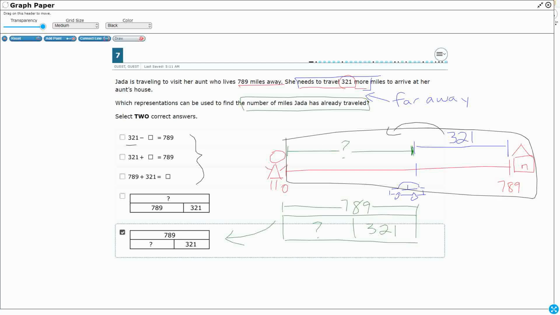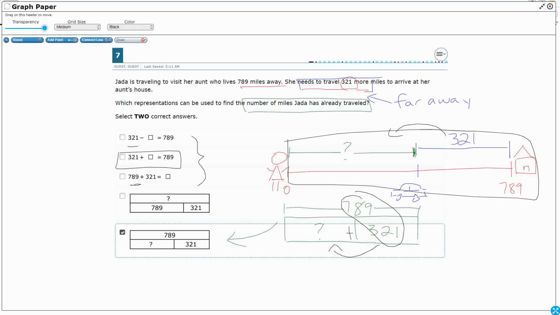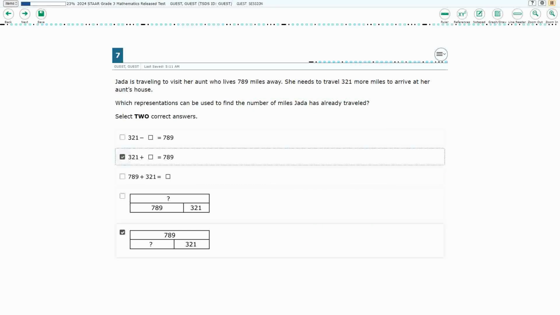That's not how the part whole works. And then look at this one. 789 plus 321? No, you don't add these two to get to that. That doesn't make any sense. Really, we're looking at an addition problem that could work, right? 321 plus the unknown would get us our total of 789. So those are our two answers, the second and the fifth option.